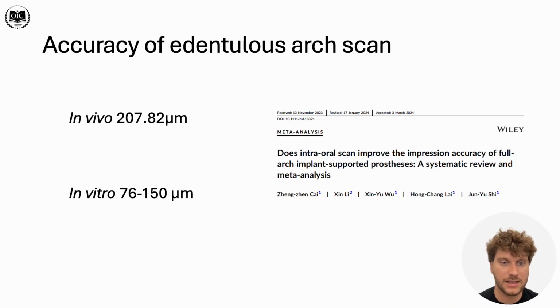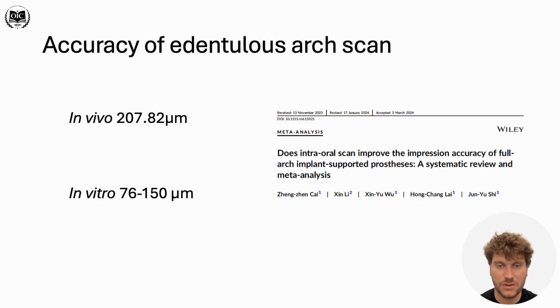But as mentioned in a great systematic review and meta-analysis by Shengzhen Chai et al., the figures coming out from research suggest that we should expect somewhere between 50 and 200 plus microns of deviations, depending on the environment in which we produced these tests.